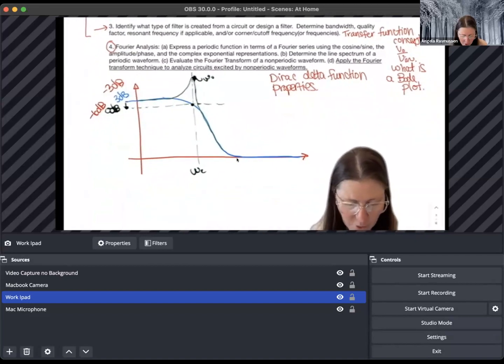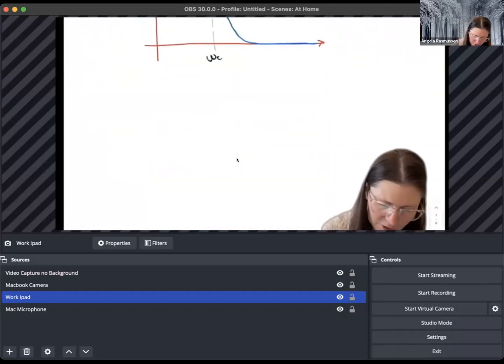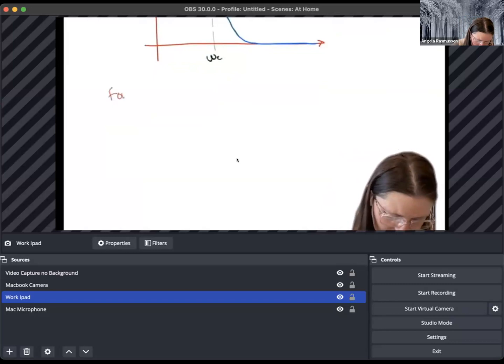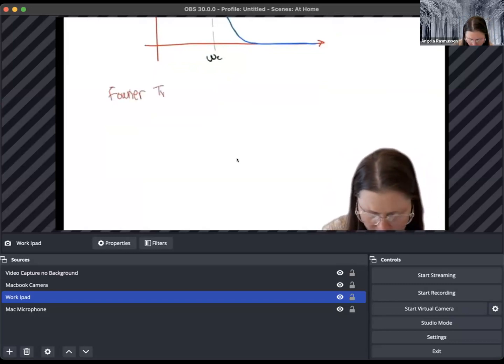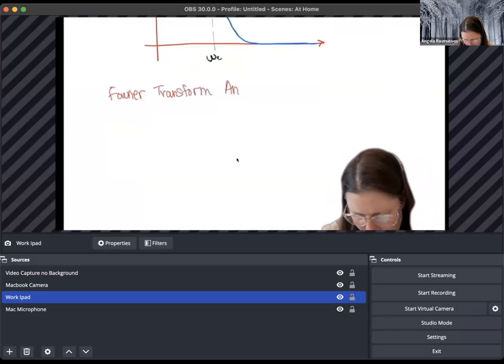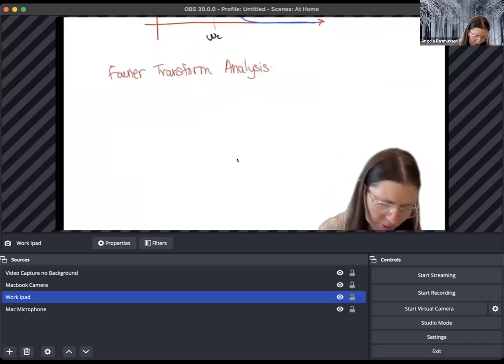Okay, so the Fourier transform analysis is going to be very similar to the Laplace.